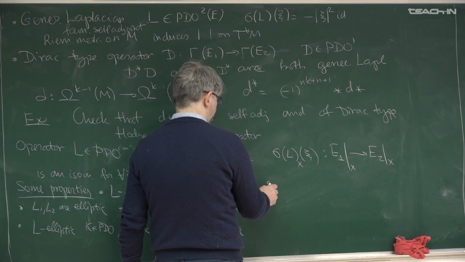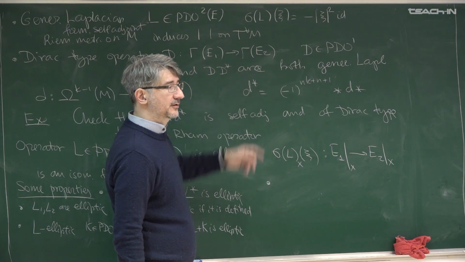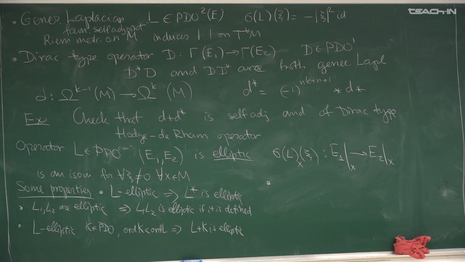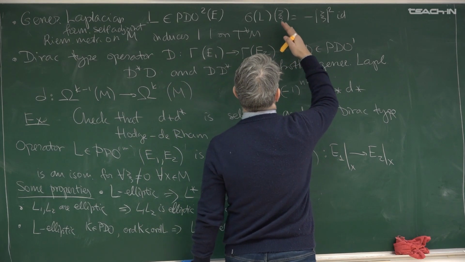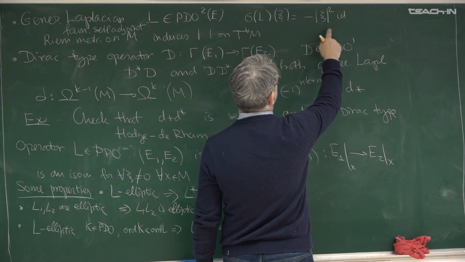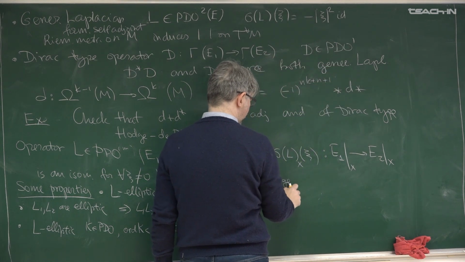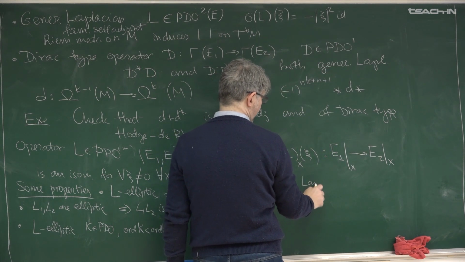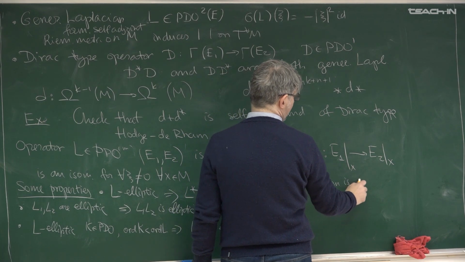Next, please have a look at the symbol of a generalized Laplacian. It's non-zero, because it's just multiplication by this number on vectors. So a generalized Laplacian is elliptic.